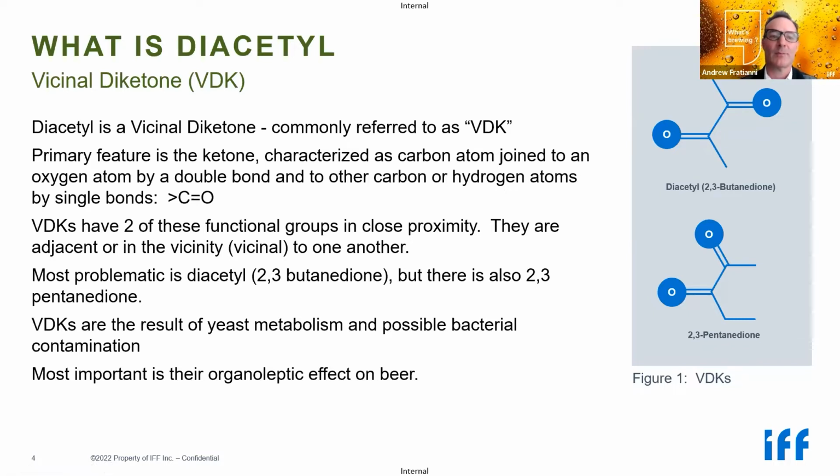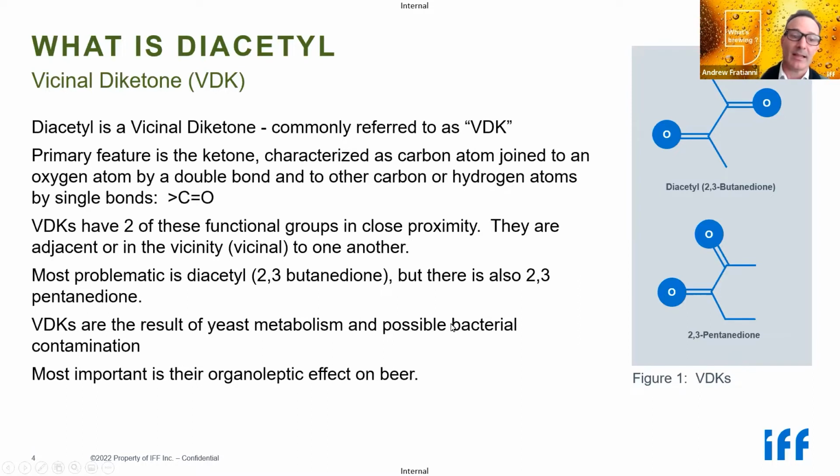In diacetyl, the primary feature is a ketone, and that is characterized, if you look down here, as carbon with a double bond to oxygen. And that also leaves two possible bonds here with other elements, hydrogen, oxygen, or other compounds. So the key feature for a ketone is carbon, double bond, oxygen.